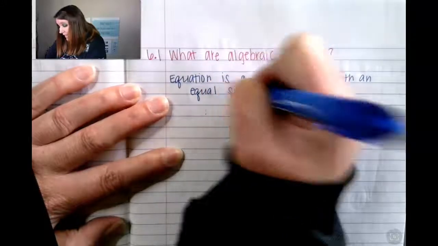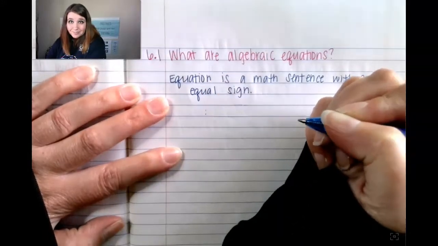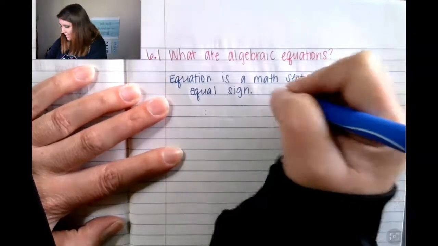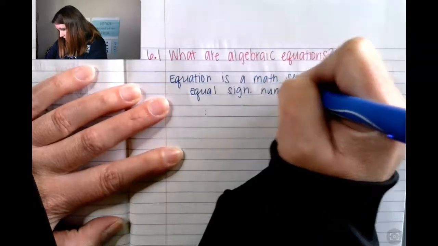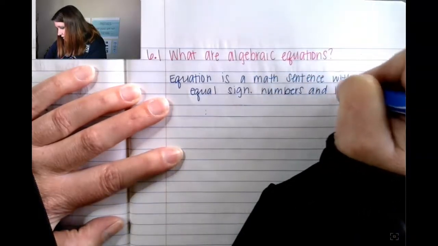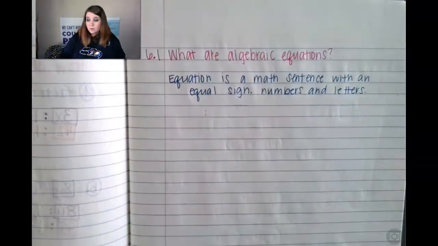And because it's algebraic, guess what else it's going to have? You guessed it, numbers and letters. Yep, it's going to also have numbers and letters. It's going to have those variables in there. Totally going to have variables.